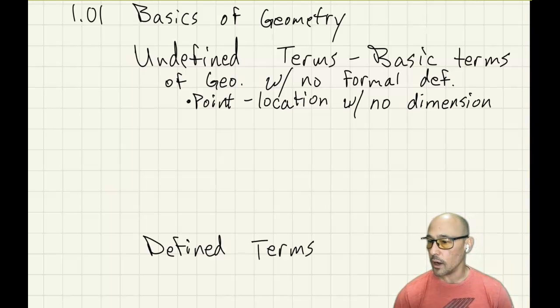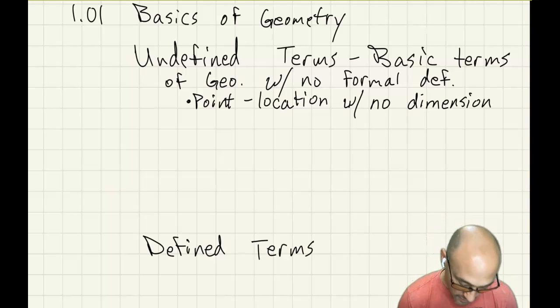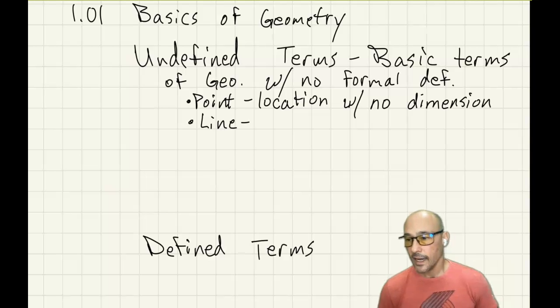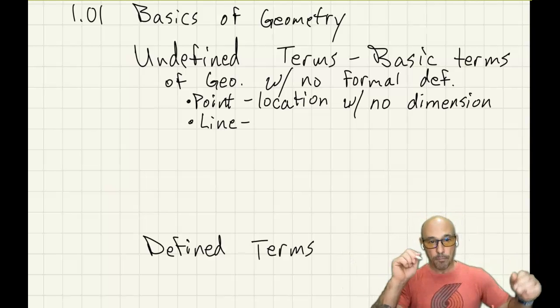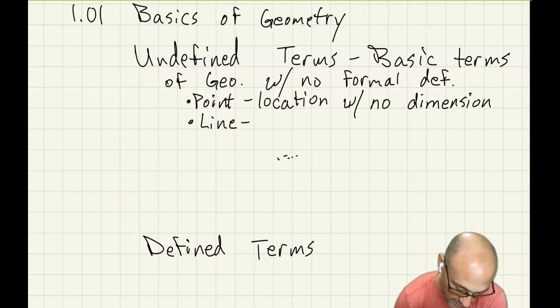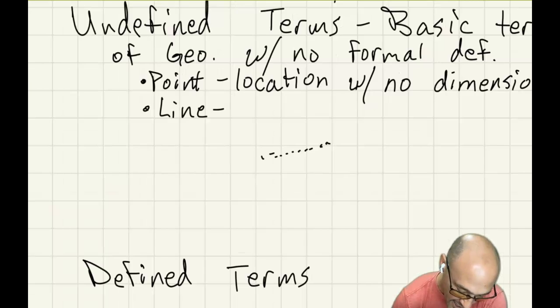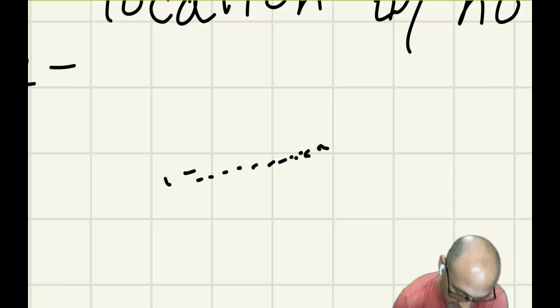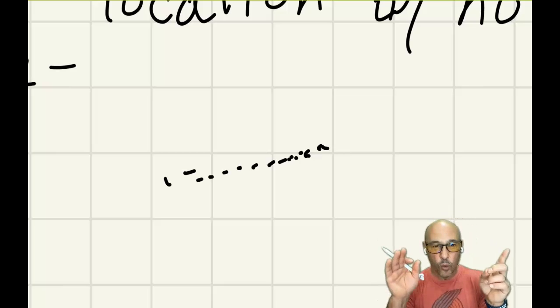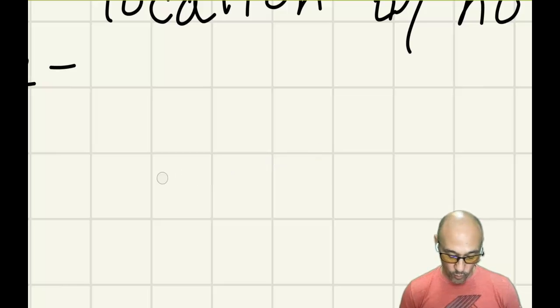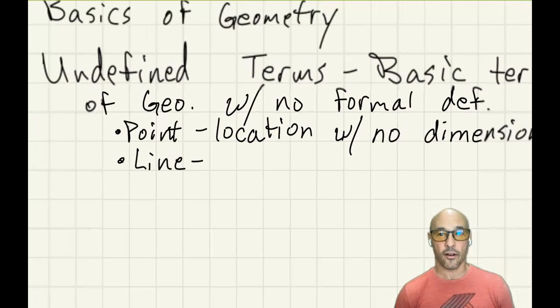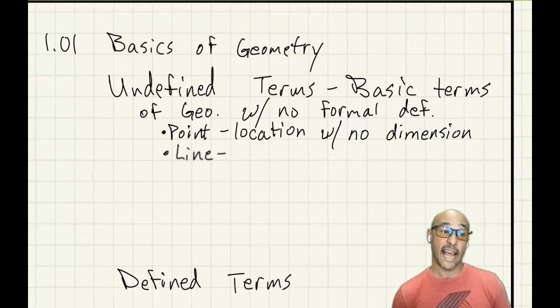The second one is line, and it's an infinite number of points. So it's made up of points. If you zoom in, there's an infinite number of points in between any two different points. When they're so close together, we say that they are dense.